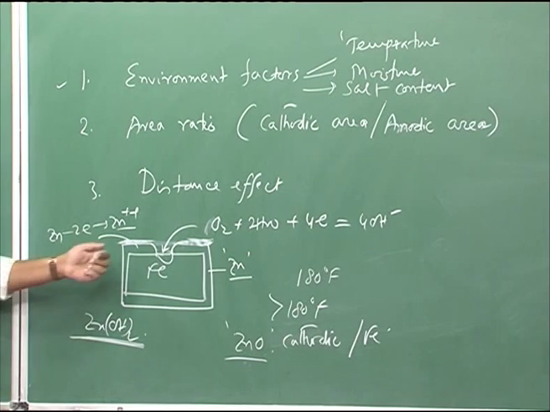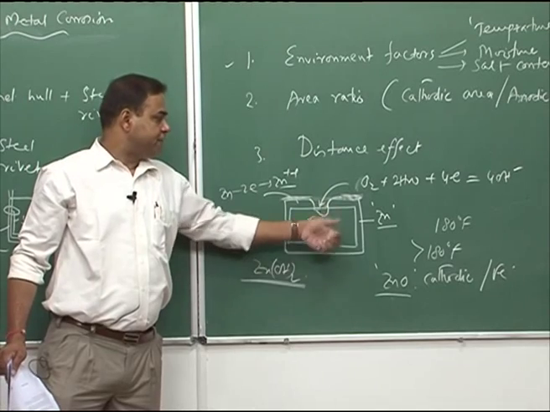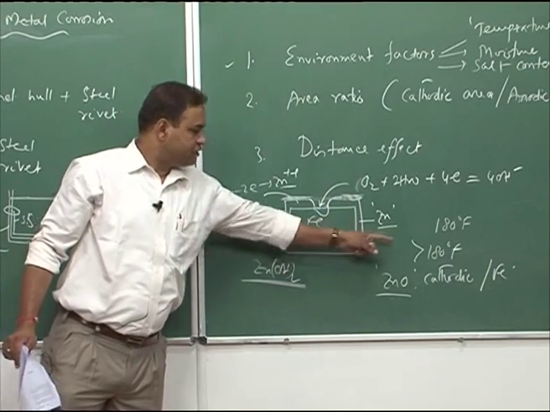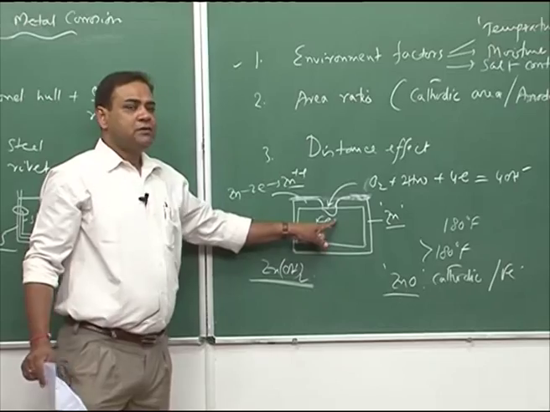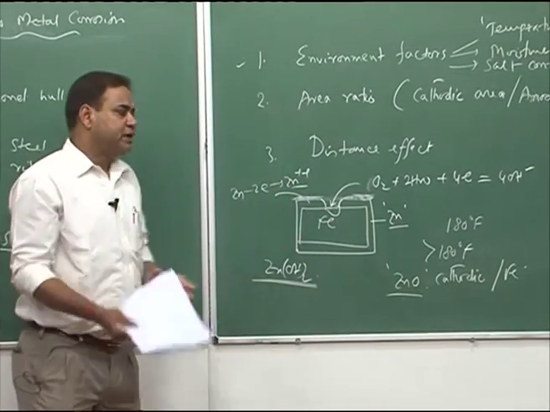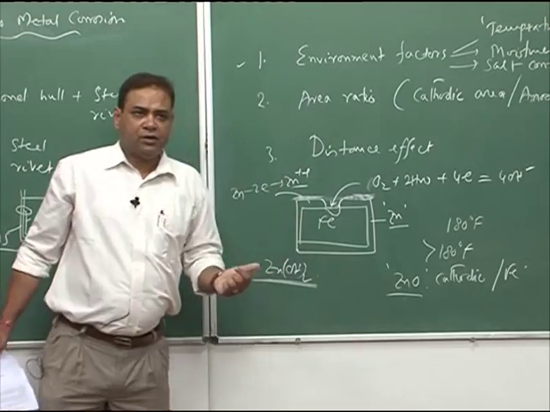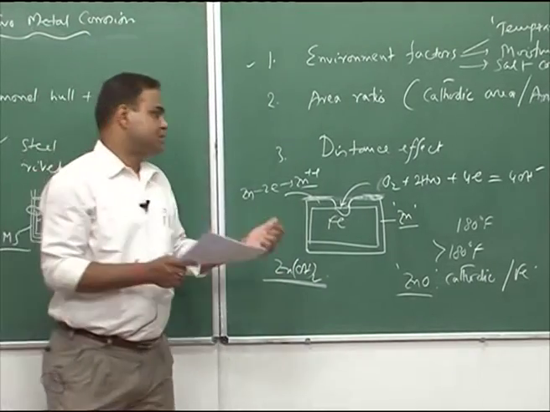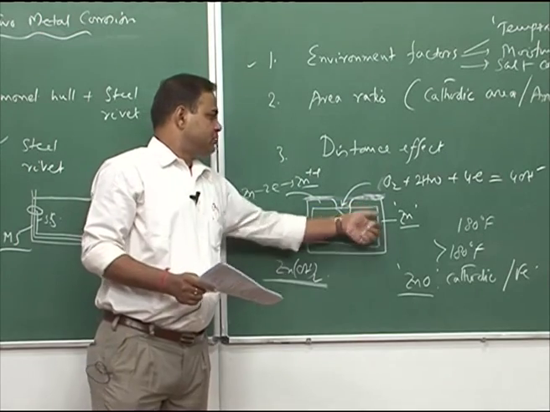Initially iron was cathode, but after the temperature has gone beyond 180 degrees Fahrenheit, it has become anode. This polarity difference can lead to corrosion of the material which was supposed to be protected by the zinc coating.